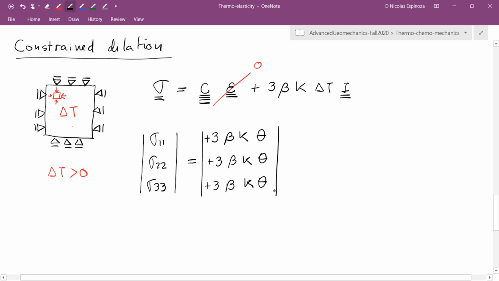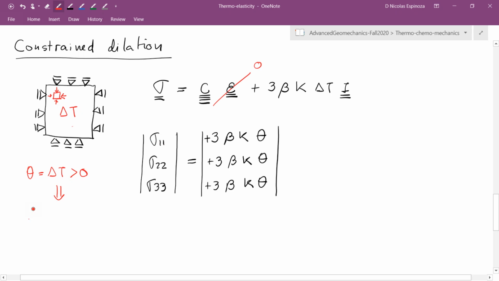Okay, so for example, if we have a change of temperature which is larger than 0, and then that means this one is larger than 0, beta and K are just material parameters and they are positive, so all of this is going to be positive, and the stress also is going to be positive.